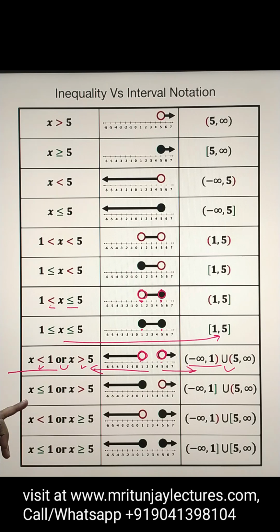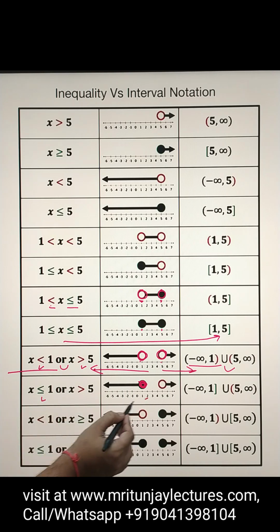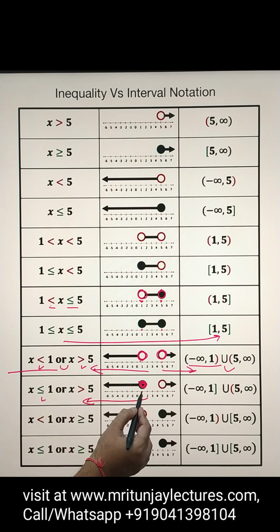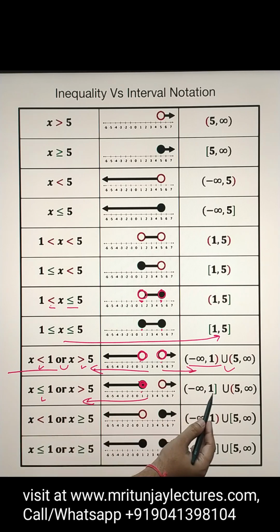Now the next target: x less than or equal to 1, what is the meaning of that one? That sign represents a dot, and here less than 1 is represented here, at point 1, so minus infinity to 1. What is the meaning of that one?